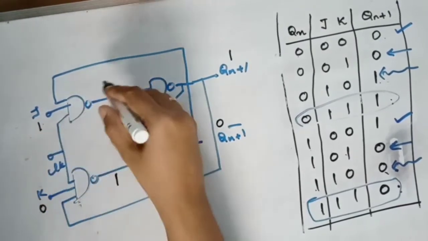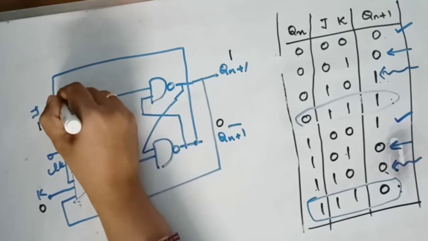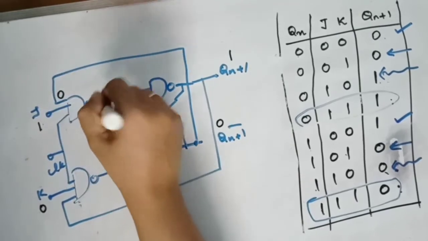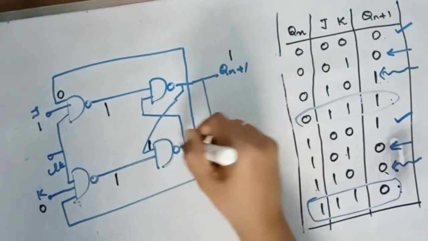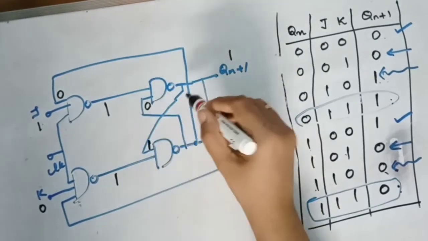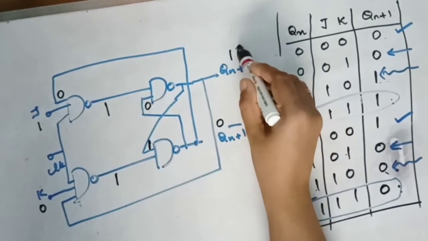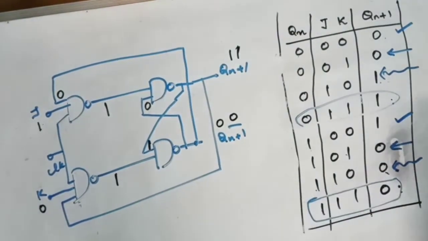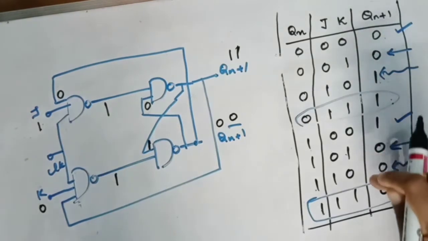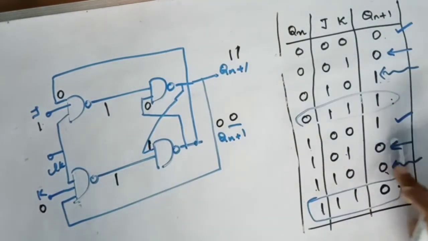This is 1, 1. This is 0, so that is a 1. So here you get a 1 and here you get a 0. So this is a 1 again and this is a 0 again. So which one did we get wrong? 1, 0. This is a 1.